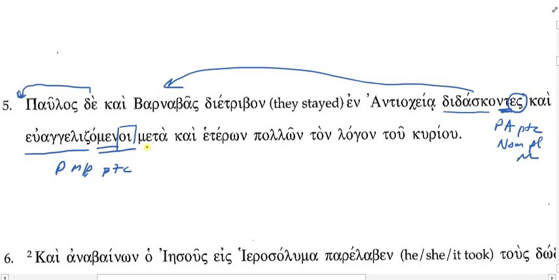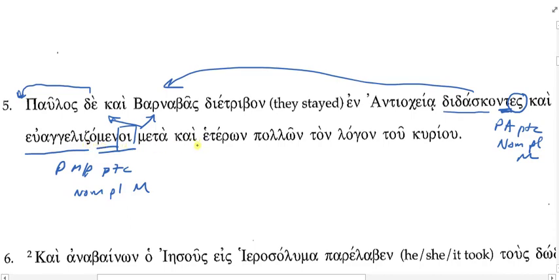So when I put it in the participle, guess what? It's going to be middle-only as well. That's why it uses the meno, mene forms and not the on, ontos forms. Okay? So, you see that iota after the omicron? That's nominative, plural, and masculine, just like this one was. But yeah, this is middle passive, so it's using the second declension forms. So, who's it describing? It's still Paul and Barnabas, right? So they stayed teaching and, yeah, preaching good news.